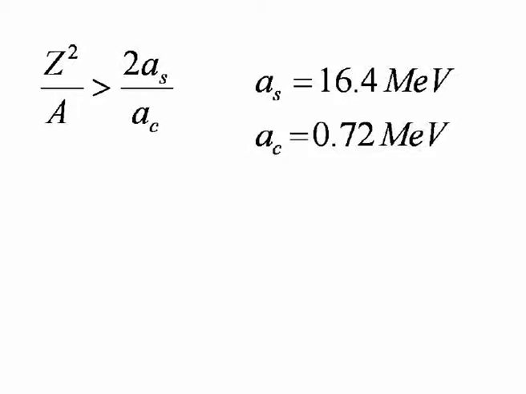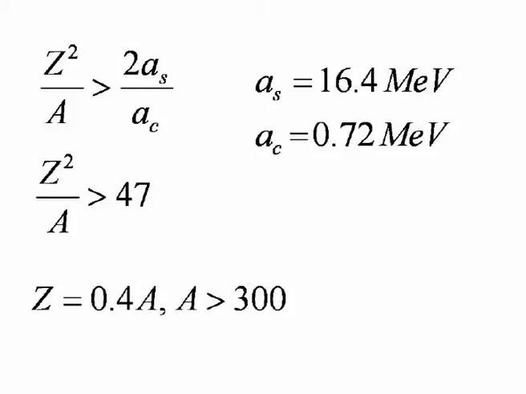A c is 0.72 MeV and A s is 16.4 MeV. Z square by A turns out to be around 47. And if you take Z equal to 0.4 times A for a rough calculation, for uranium 238 this value is 0.38 or so, Z by A.